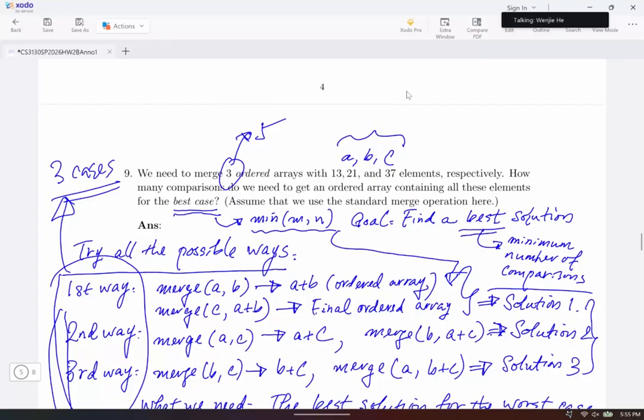Because when you work on 5 ordered arrays, it's impossible, going through all the possible ways. Not efficient. So we want to find an efficient way.